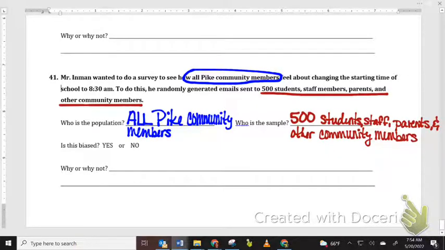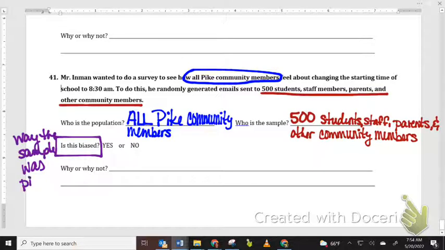And then they ask us, when they say, is this biased, they're talking about the way the sample was picked. No, it's not biased because it was randomly generated. Remember, if we say it's not biased, we're saying that it's a fair way to pick the sample. Everybody in the community had an equal chance of being able to share their opinion.